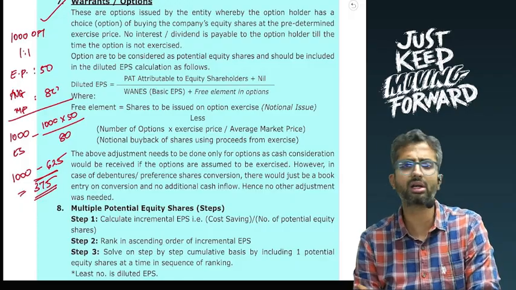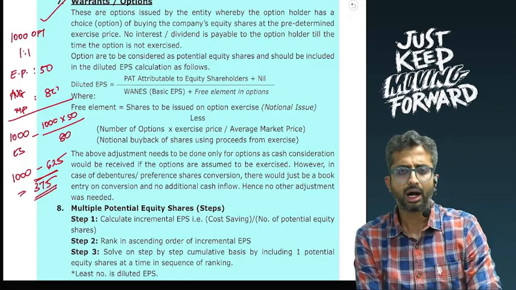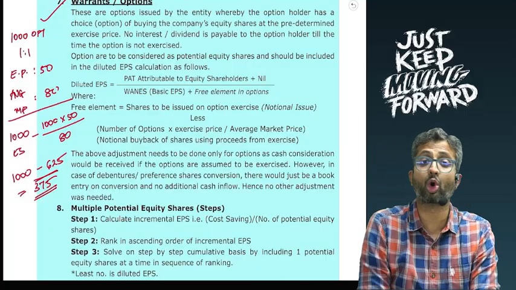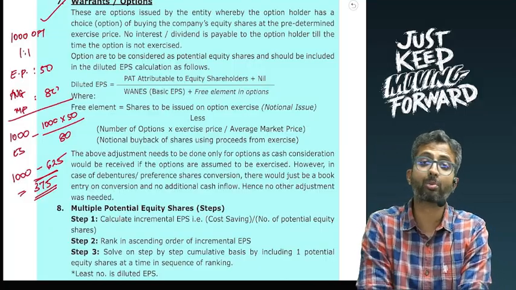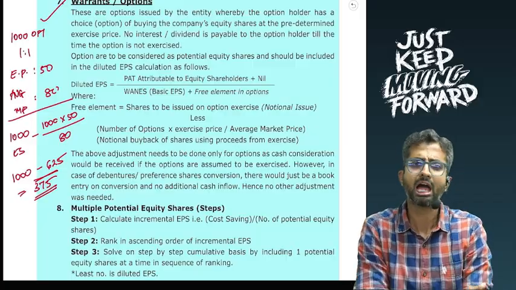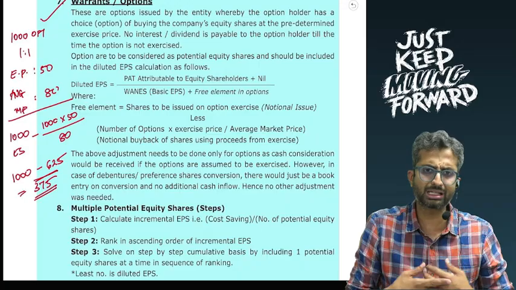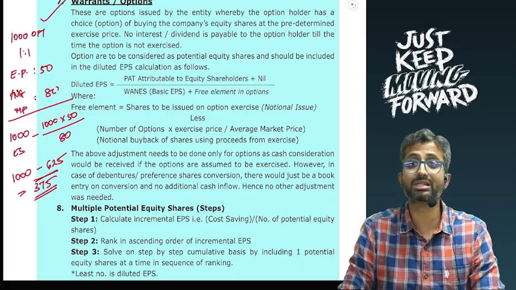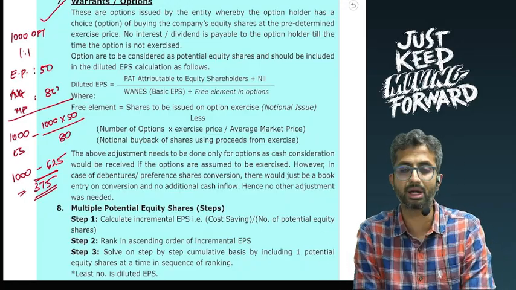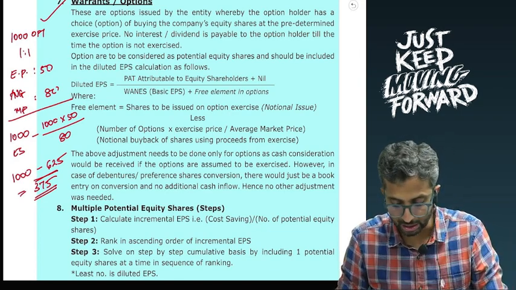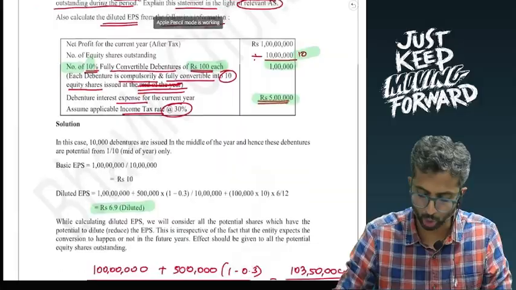Usually, like you pay dividend for a preference share or you pay interest for a debenture, you don't really pay anything to an option, and hence there is no cost saving in the numerator. However, the option brings you 50,000 rupees, and this 50,000 rupees you will deploy for buying back your own shares. Even after buying back, you are still left with 375 incremental shares, which will be taken in the diluted EPS calculation. Now this is a little tricky, and again we would want to practice this along with the problem.